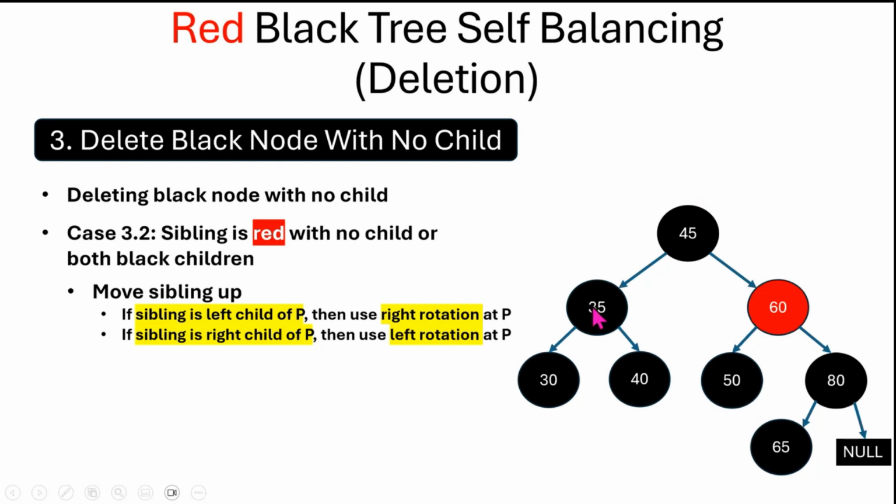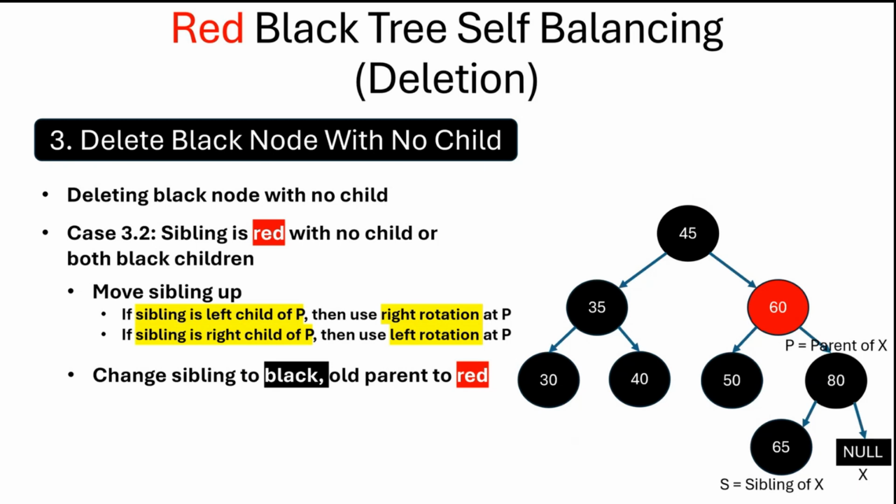Here, if you see 1, 2, 3 black, and 4 at null, here we didn't solve. So what do we need to do? We basically change the sibling to black so that all the paths coming from the sibling will have that black node considered, and it will balance the black height for the upstream tree.